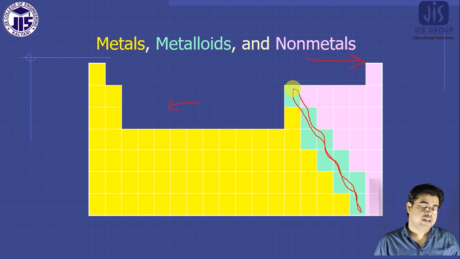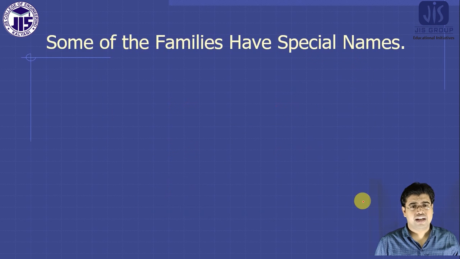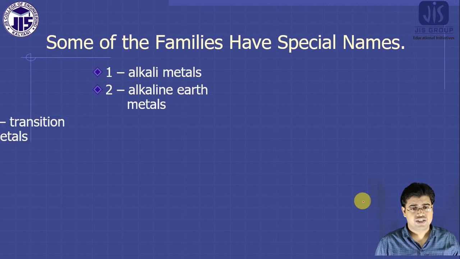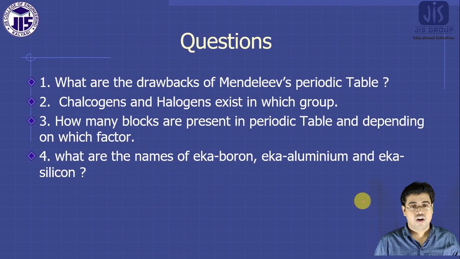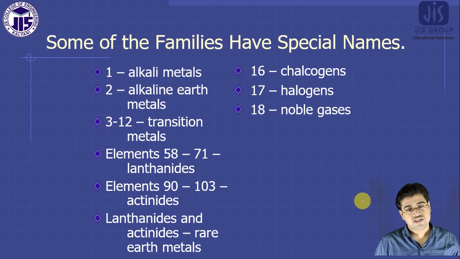So you have to keep in mind that the maximum metalloids are present according to this sequence. Okay, so these are the categories which I already discussed with you. You can take a snapshot. This is the overall classification or categories of the elements. Okay, and then we'll move to the questions.